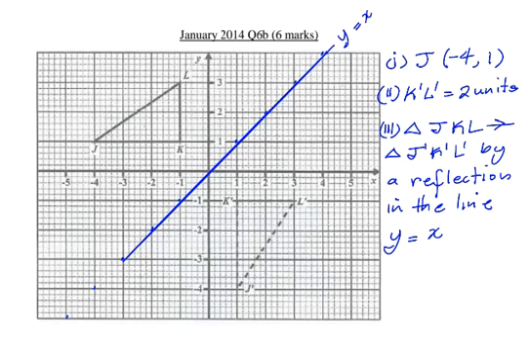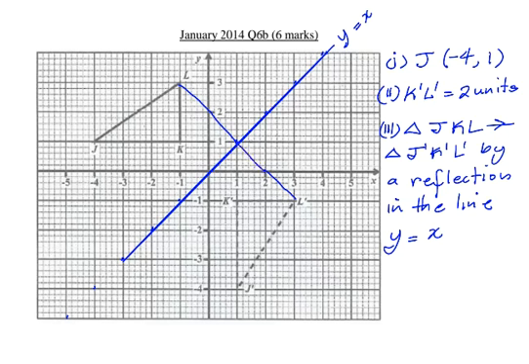Now, whenever you reflect in the line y is equal to x, one way you can do it is to evaluate the distance diagonally. So L is one diagonal, two diagonal from the mirror line, and the image L prime has to be the same distance on the other side.